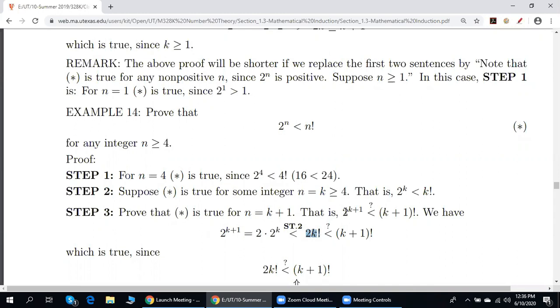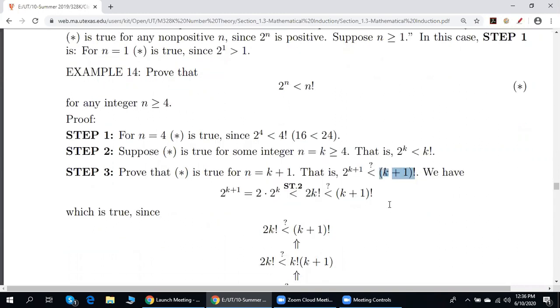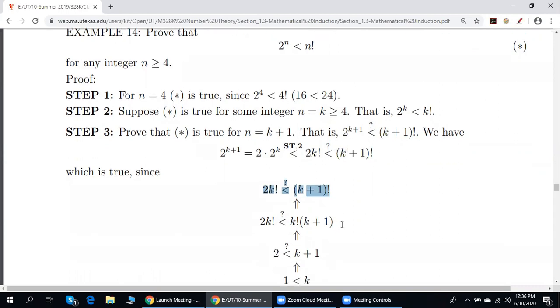But we want to prove that 2 to k plus 1 is lesser than k plus 1 factorial. So, in order to prove this, what is left is to show that 2 times k factorial is lesser than k plus 1 factorial. Copy this here. Observe that k plus 1 factorial is k factorial times k plus 1. Here is why.